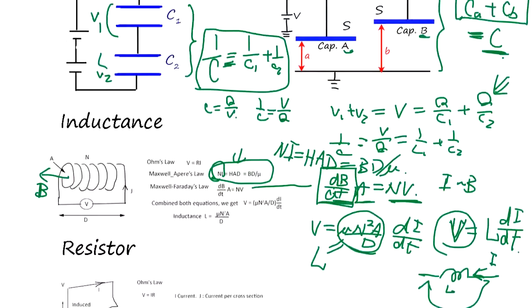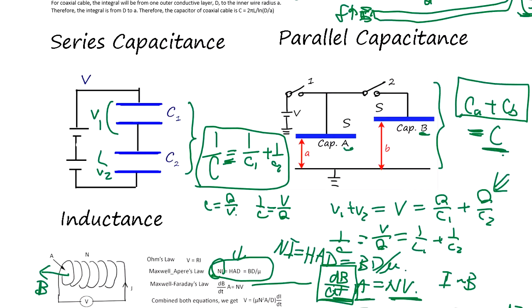Now going back to C, Q is the integral of current over time, right? So when you have Q equals CV, you take a derivative on both sides. So the derivative of Q is current. The current is C dV/dt.